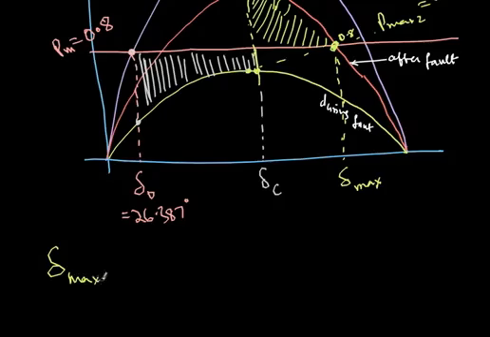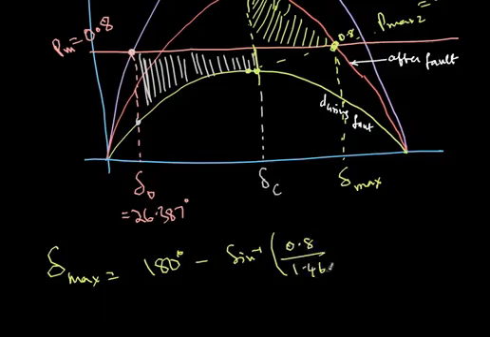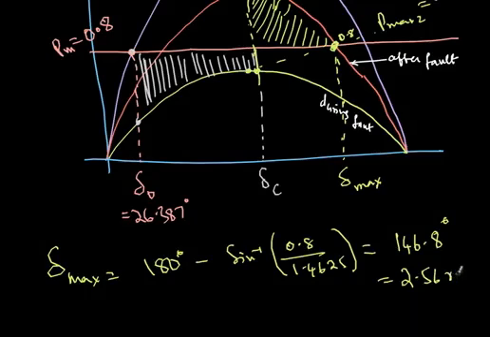Delta max will be 180 degrees minus sine inverse of 0.8 divided by 1.4625. This one I'll get something like 146.8 degrees. Or if I convert into radians, it will be 2.56 radians. So that is this delta max angle.